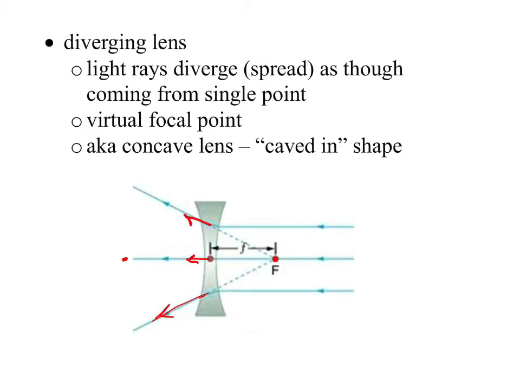Okay, so it's really important that you note which focal point we're using. So this one is going to have a virtual focal point, because again, it looks as if they're coming from that focal point instead of converging onto the focal point. Okay, so again, a convex lens is a converging lens, a concave lens is a diverging lens.